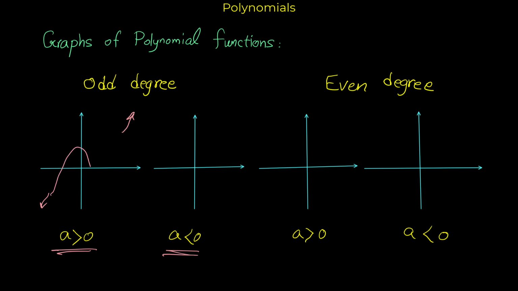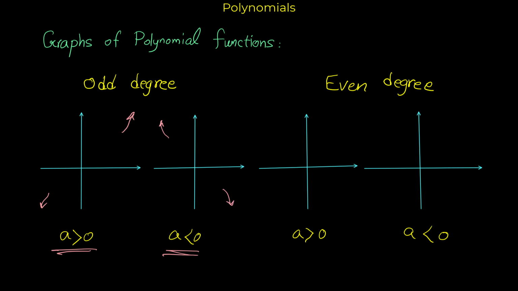The behavior between these two ends can be different depending on the question. It can go up and down several times. But we are talking about the end behavior of polynomial functions based on odd degree or even degree. So odd degree, opposite direction. But if the leading coefficient is negative, the two ends are again in opposite directions, but the left end is going up, the right end is going down.